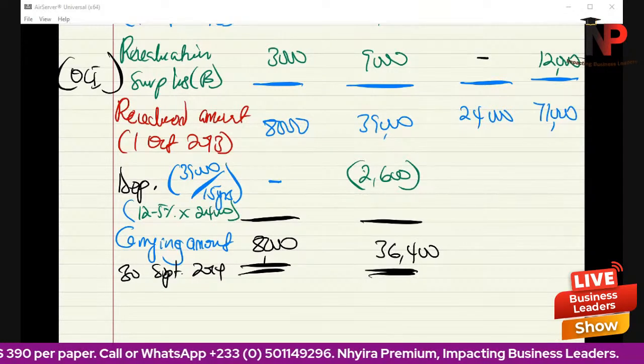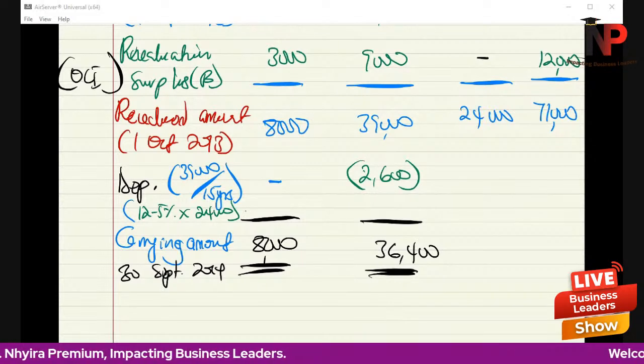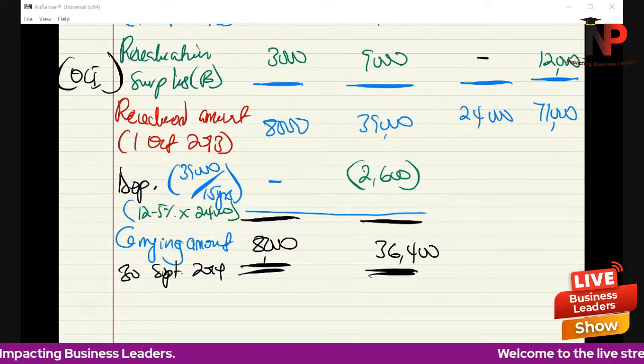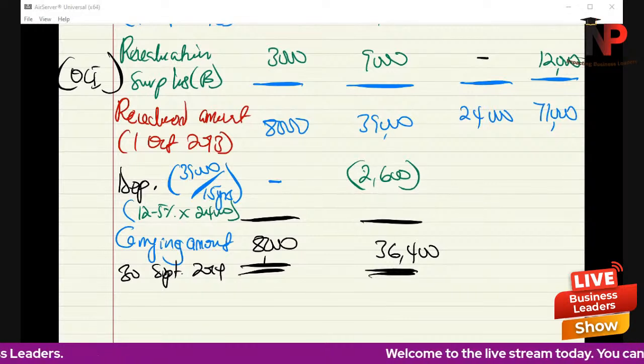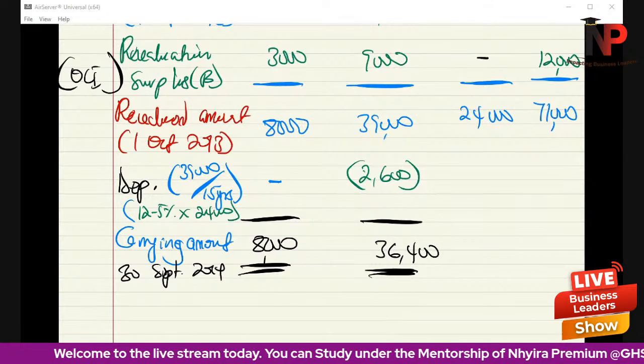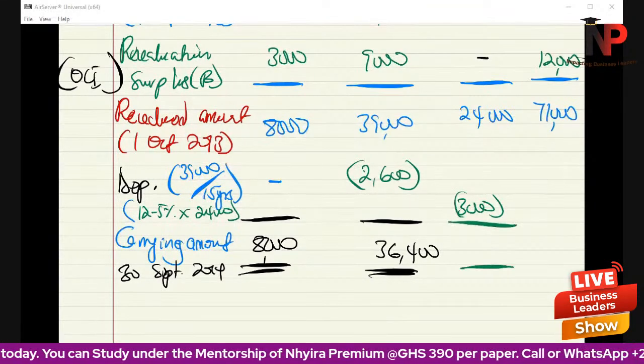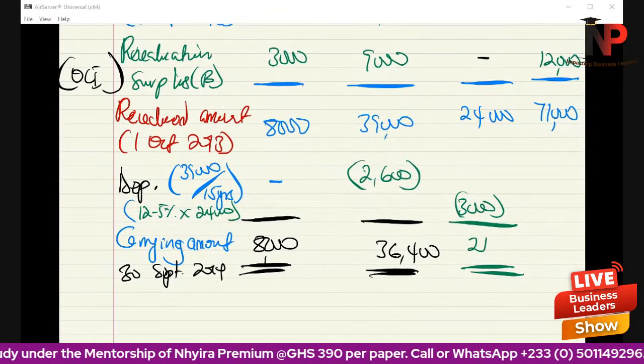I could actually do it there as well because it's on reducing balance. So 0.125 times 24,000, that's going to be 3,000 for this one. So we take it out, and that's going to be 21,000.